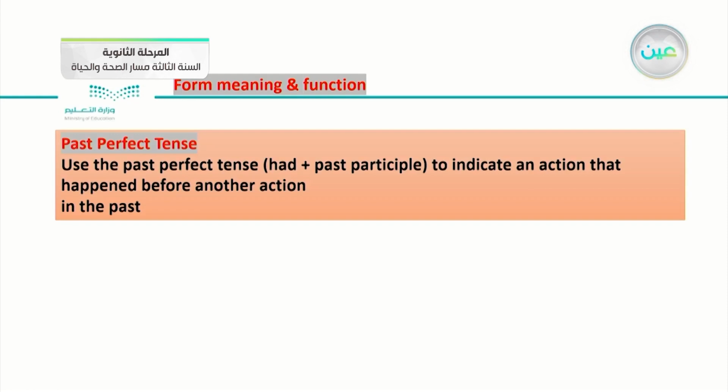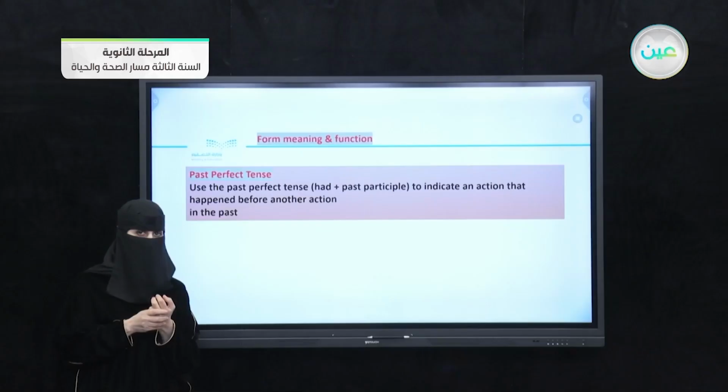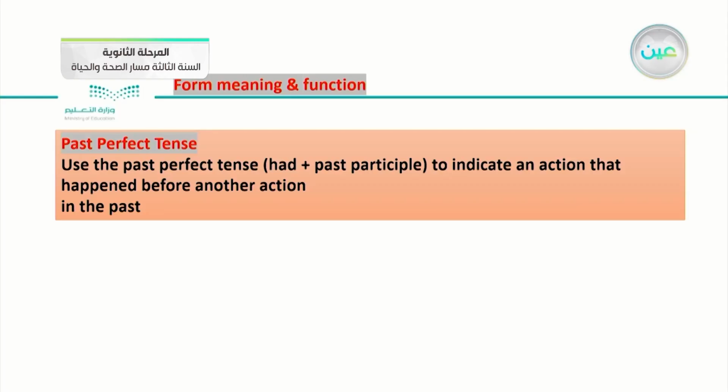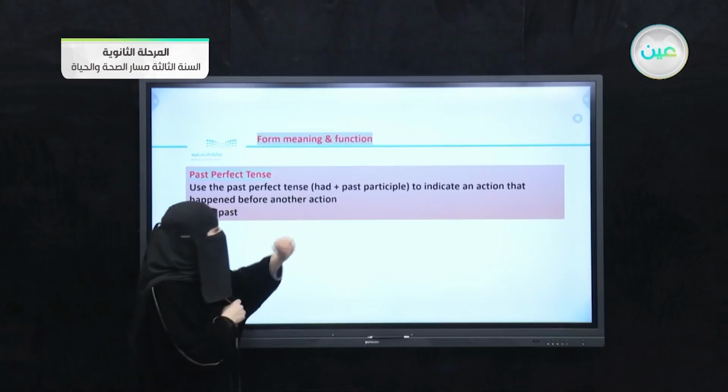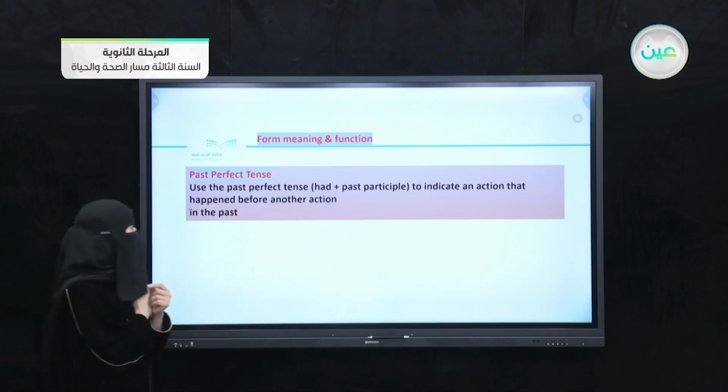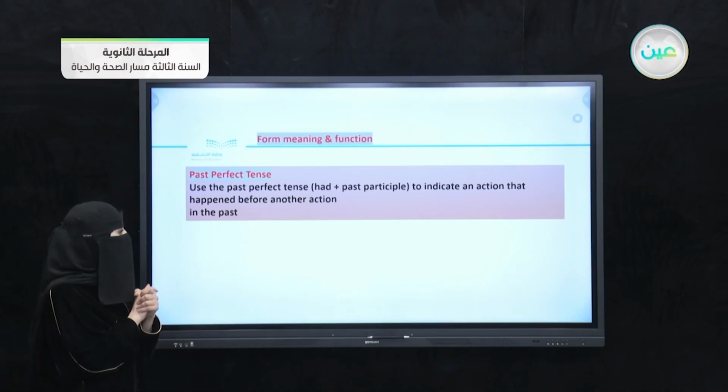Now we will talk about the past perfect tense. What do you think the past perfect tense is, what is the structure of it, and what is the suitable situation for using it? We can summarize that grammar: use the past perfect tense, and the structure is had plus past participle, which means the third form of the verb, to indicate an action that happened before another action.